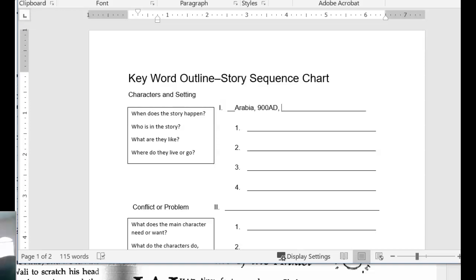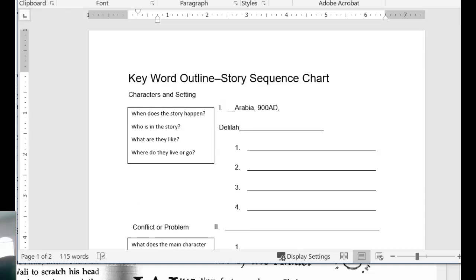And then we talked about how there are really 2 stories here. The first story is the story of Scheherazade and King Shahryar. But we're going to focus in this video just on the tale of the anklet. So when she starts talking about Delilah, let's have Delilah up here too.